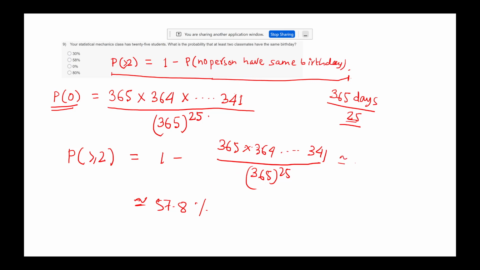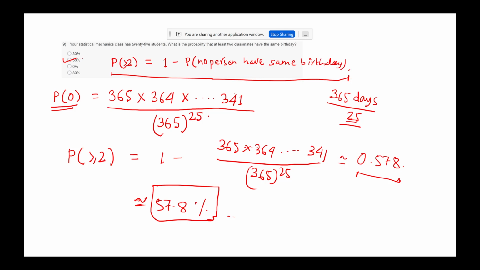The product divided by 365 to the power 25 is 0.44 something, so automatically that becomes 0.578 something. So 58% is the nearest value. Let's not fight about the one decimal point. So that is the answer.